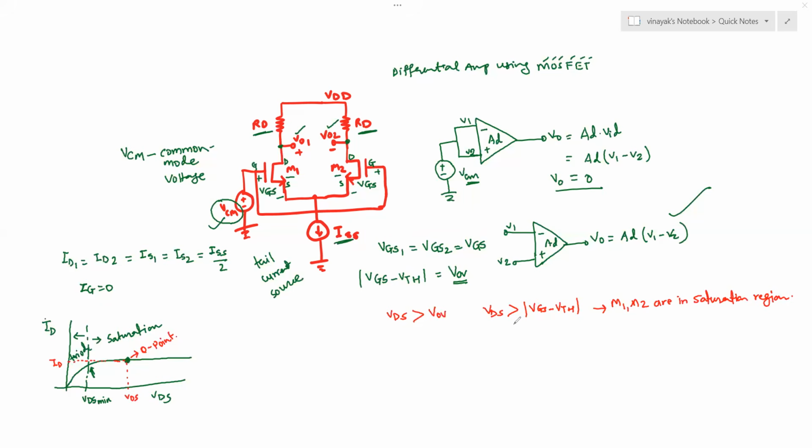Okay, and when it is less than or equal to, actually, they are in the triode region. So that's how when you have M1 and M2 in the saturation region, they are going to provide a constant current.